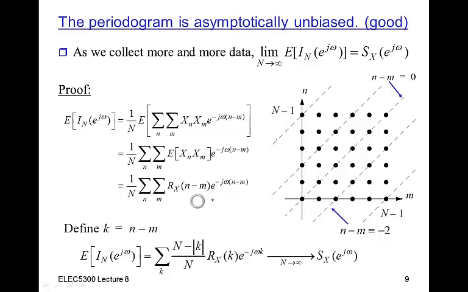And this thing here looks almost like the Fourier transform, except for the fact that the Fourier transform is just over one variable, not two. And the Fourier transform goes over all time shifts, not just a limited number of time shifts.